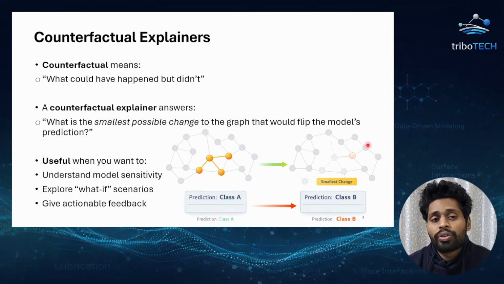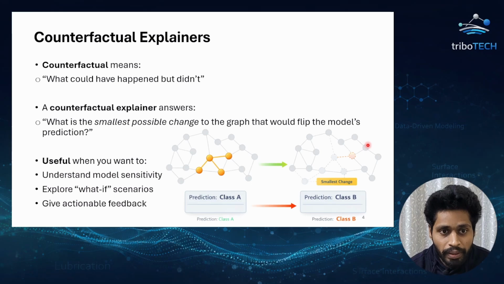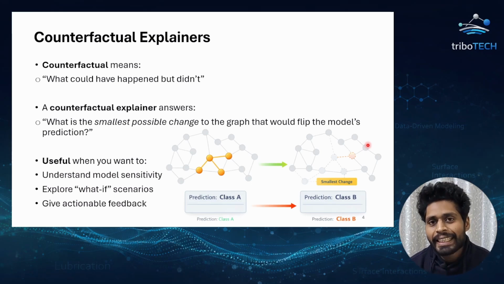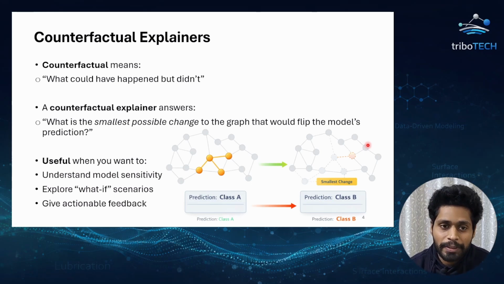So counterfactual explainers are basically interested in what could have happened but did not. So they are interested in answering what is the smallest possible change to the graph that would flip the model's predictions, right? So this is something different, which you have not heard so far coming out of explainers, right?